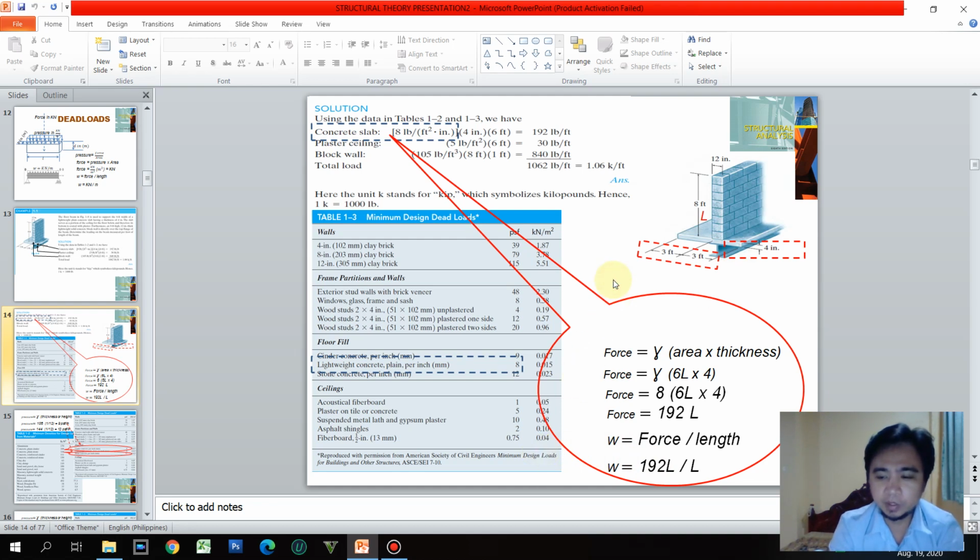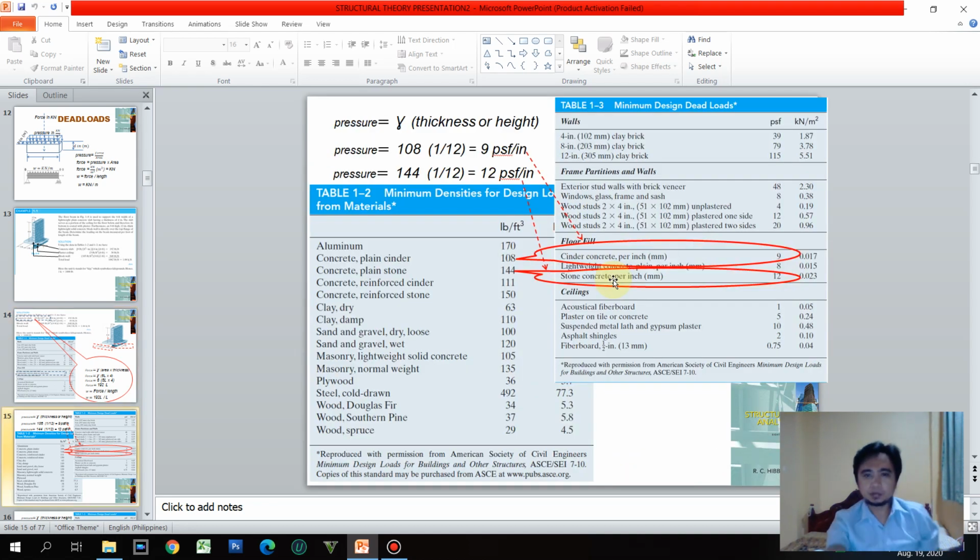So for further understanding, this is a scenario wherein I would like to show that table 1-3 was derived out of table 1-2.